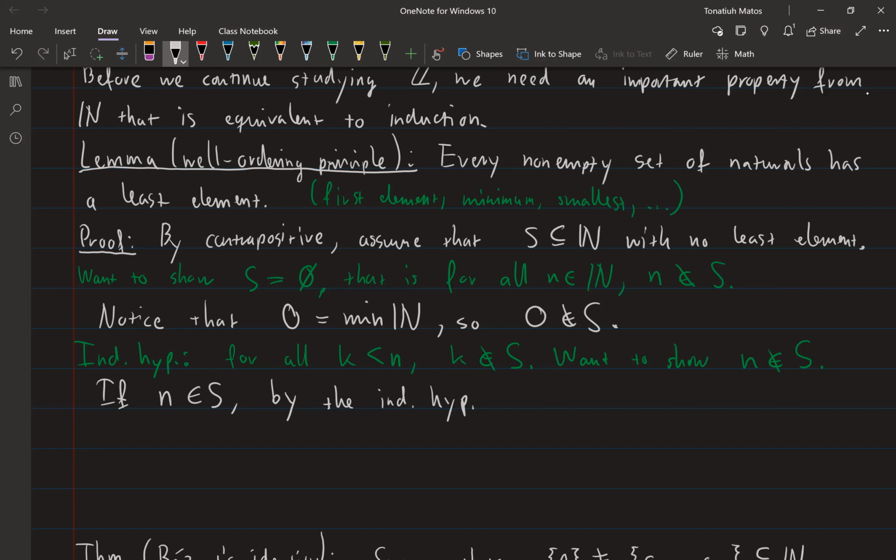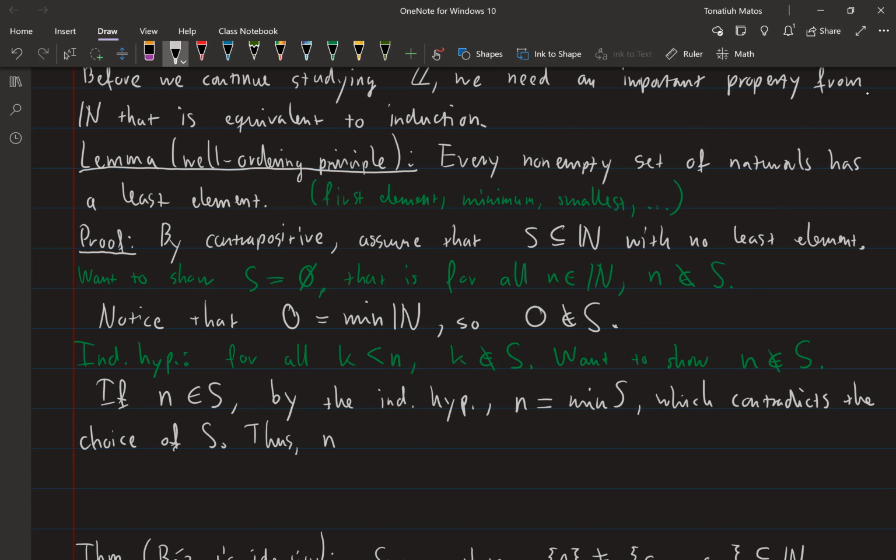If n were an element of S, given that nothing below n is in S, that would mean that n has to be the smallest element, because there's nothing smaller than n that's a member of S, right? So n would be the smallest element, which contradicts the choice of S. By choice of S, of course, I mean the thing we're assuming about S, which is that it has no least element.